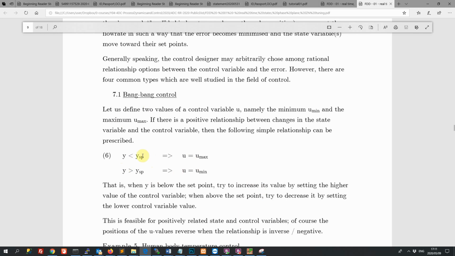Imagine when we do get to the set point value, let's say you dip slightly above the set point value, then suddenly your controller is going to force it to this low value, and that's going to cause your y to drop. So then when it drops, it forces it to that high value. So you can imagine this is always going to be jumping up and down. Your response will always be increasing and decreasing because you don't have very fine control here. So this is a very crude kind of control.